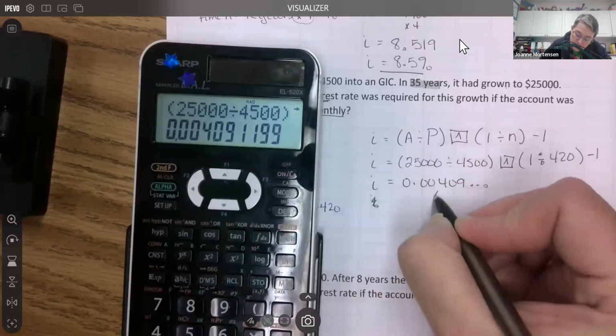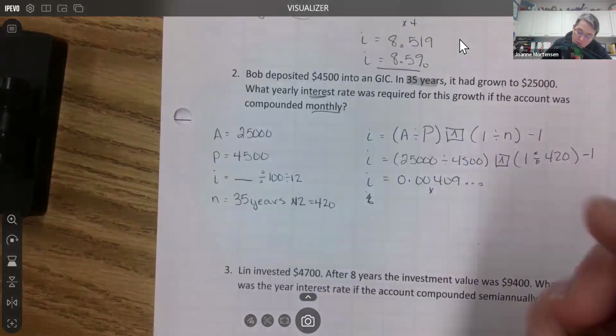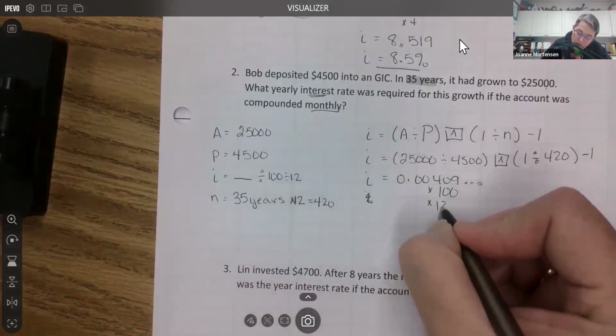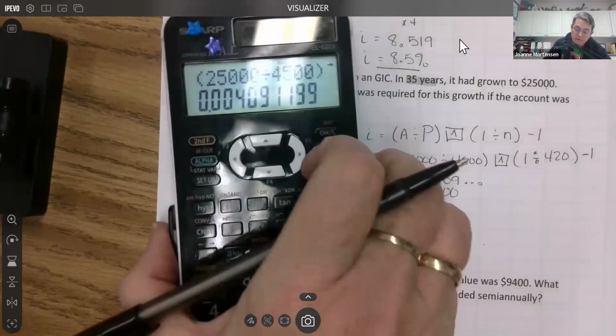Times, now what are we going to do? I'm going to go times 100 and times 12. So it's a reverse of what you would normally do.